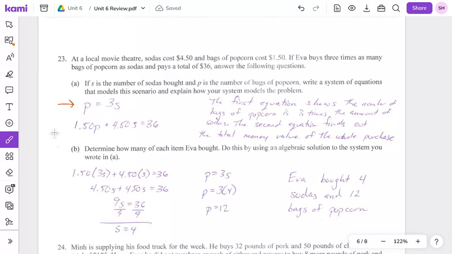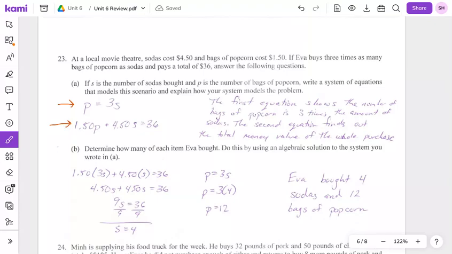All right, but then also made sure that we noted that we knew their cost was $4.50 for sodas, $1.50 for popcorn, and that Ava ended up buying a total value of $36. So I know the $1.50 for each popcorn and the $4.50 for each soda had a total 36. So that let me get that.